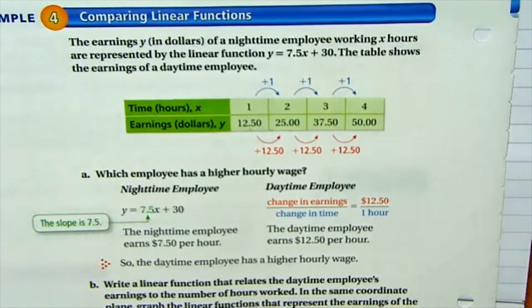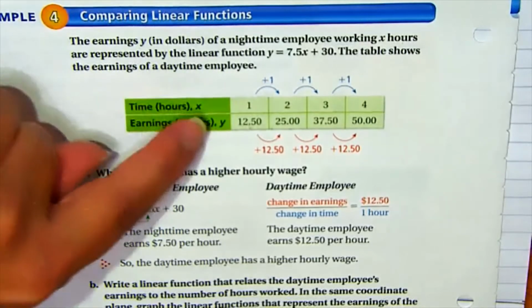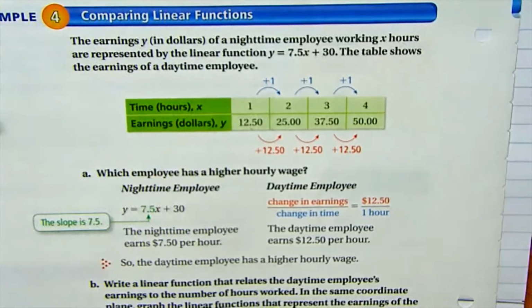the earnings, y in dollars, of a nighttime employee working x hours are represented by the linear function y equals 7.5x plus 30. The table shows the earnings of a daytime employee. And here they're telling us x is equal to hours and y is equal to dollars.